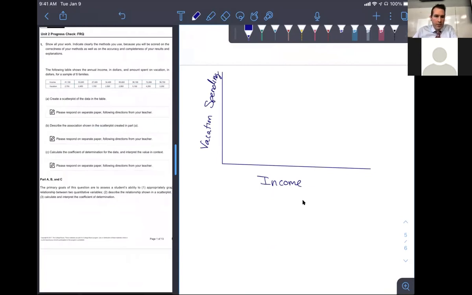Another good way would be to do this on the graphing calculator. Because these numbers are large, let's say income in thousands of dollars. We'll say 0, 10, 20, 30, 40, 50, 60, 70, extend this out to 80, 90, 100.